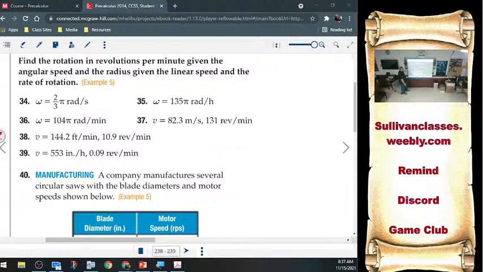39, same thing. Inches per hour, revolutions per minute. I don't want hour and minute. Take that 0.09 revolutions per minute. Oh wait, other way around.